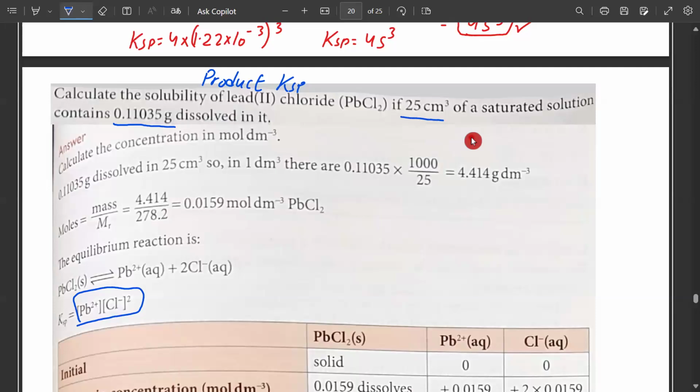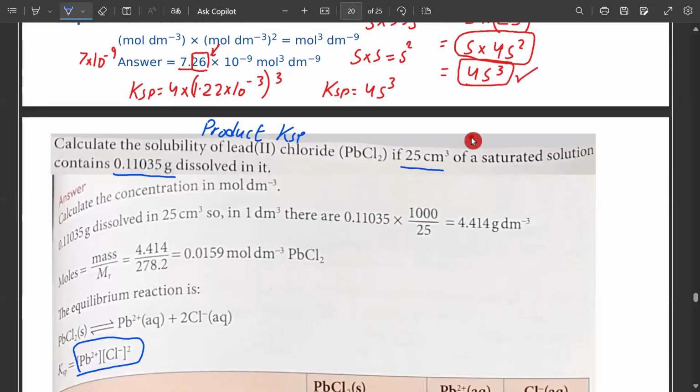For this purpose, we will go through two steps. The first step says that if you have this much mass, it's just a simple ratio: 0.11035 gram in 25 cm cube. But you are supposed to find the mass in the 1000 cm cube, that is equivalent to dm cube.